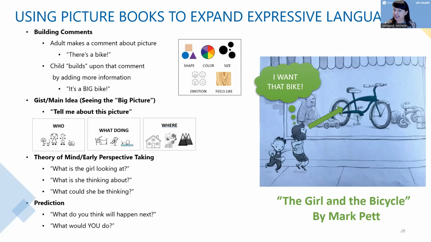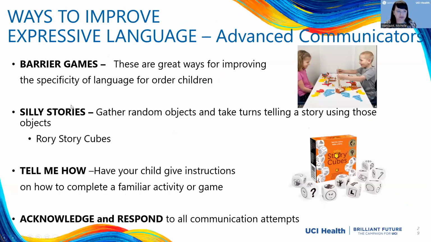Let's turn the page and see if that's what the girl does. Right? So these are all things that you can do using books that work on expanding language, expanding communication, and understanding of higher level concepts like perspective taking and making smart guesses about the future and what's going to happen next.